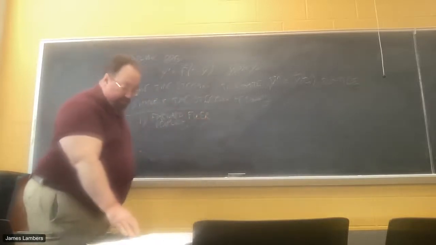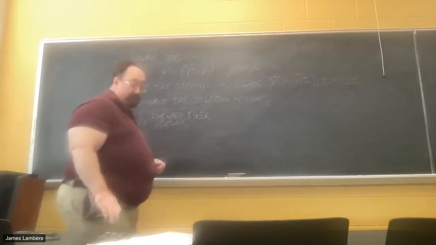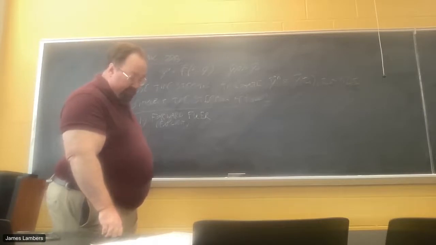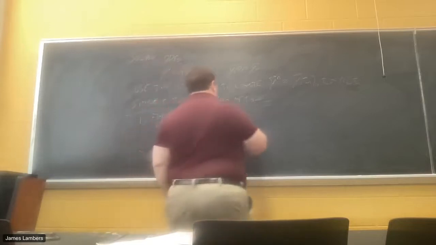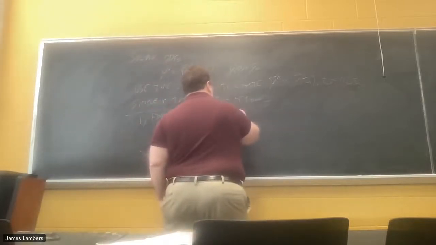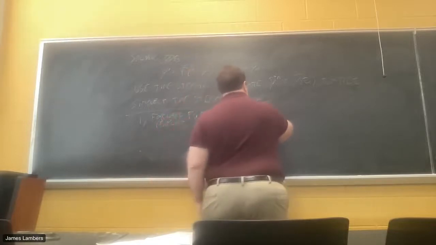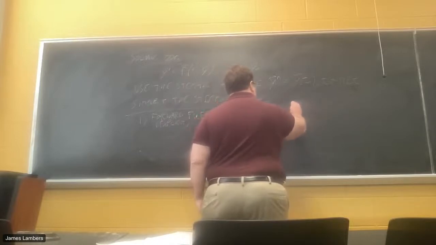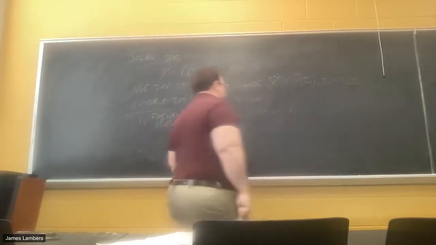So all we do is replace the time derivative, y prime, with a forward difference. So y prime at tn is approximated by y of tn plus delta t minus y of tn, over delta t.